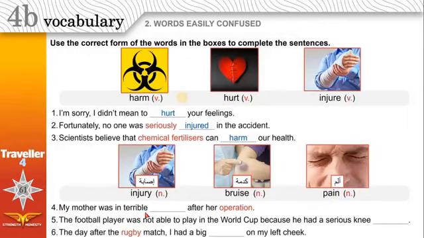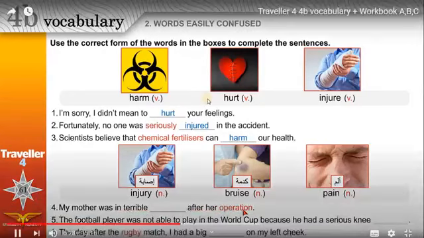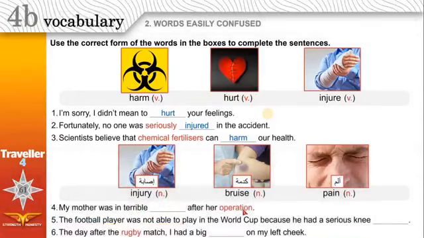After you fall down or after you injure yourself or hurt yourself, you feel the pain. My mother was in terrible after her operation. Operation is when the doctor cuts into someone in order to repair something or remove something. She felt a terrible pain. The football player was not able to play in the World Cup because he had a serious knee injury.